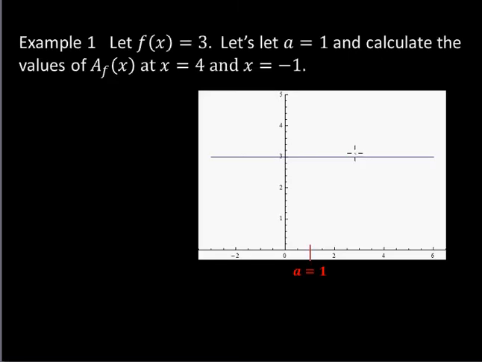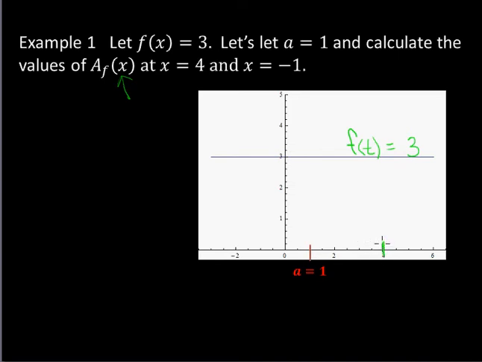So for our first example, let's just calculate the area function at some specific value of x. Here we're given our little f of t is equal to 3. You could call it f of z or use any variable you want there, but in calculating the integral we want to stay away from x, because x we're reserving for the independent variable of capital A sub f. So here we have a equals 1 marked, and let's find A sub f of 4.